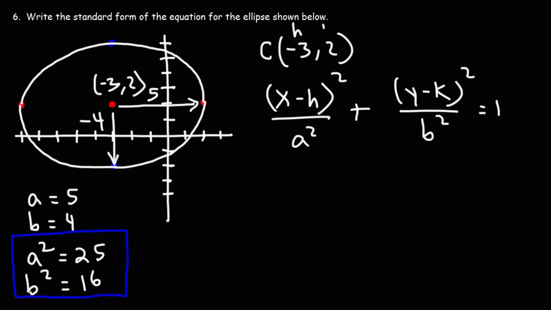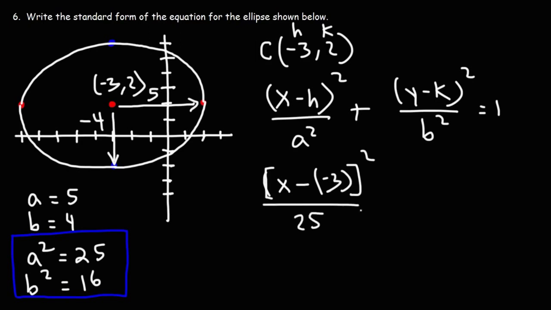H is -3, k is 2. So this is going to be x minus h. Let's use brackets for now. H is -3. A squared is 25. And then y minus k is +2. B squared is 16.